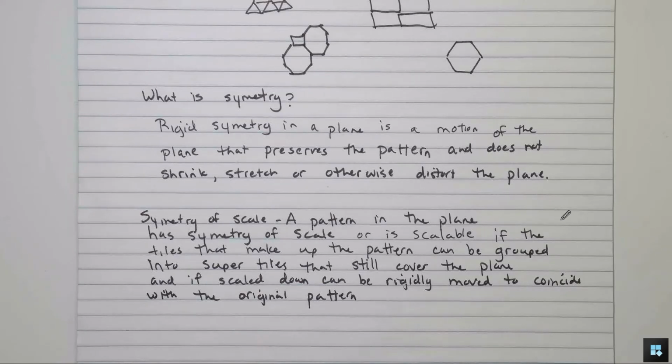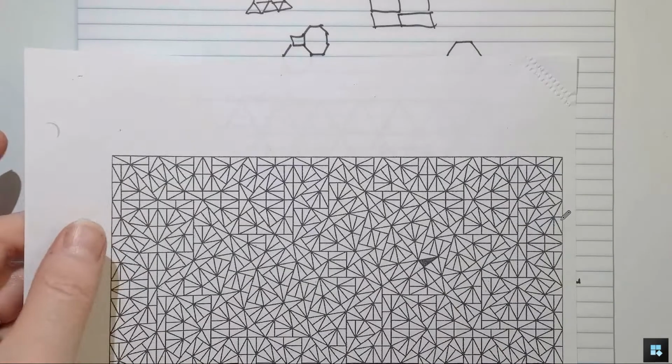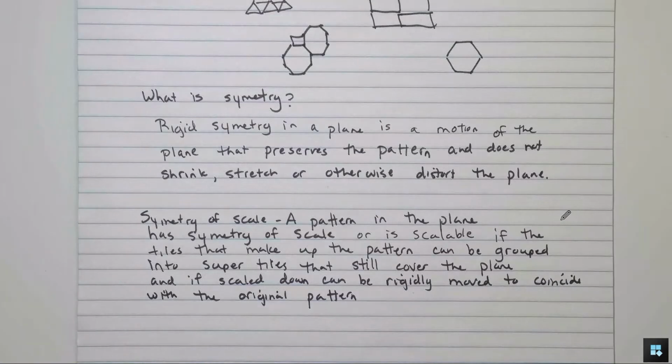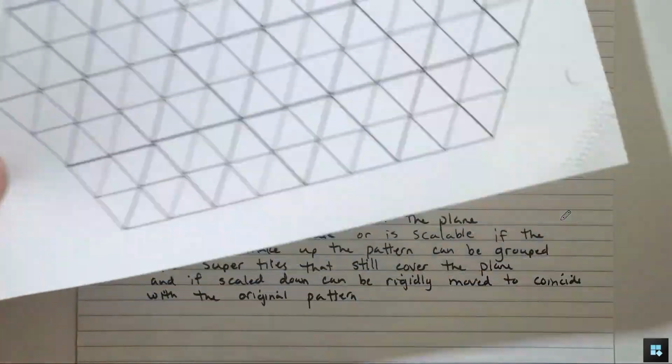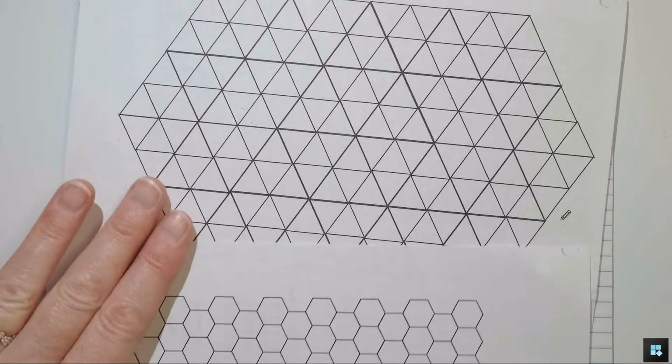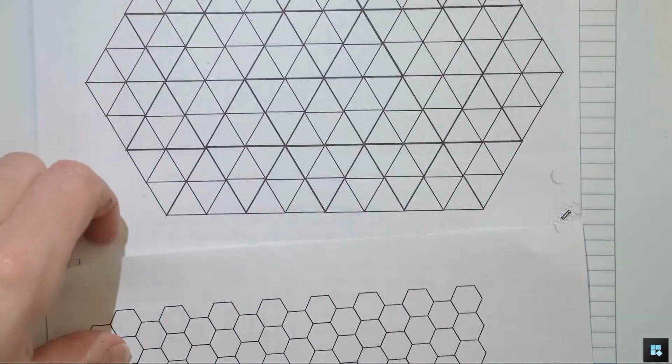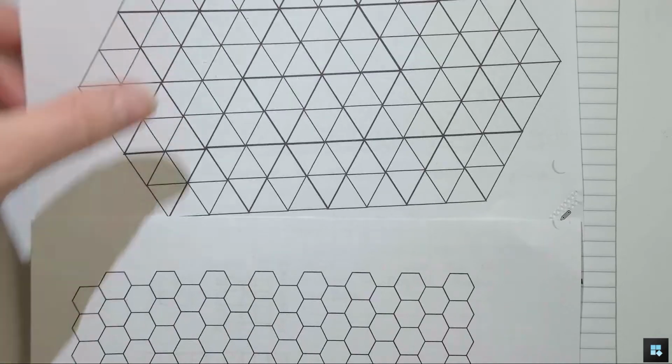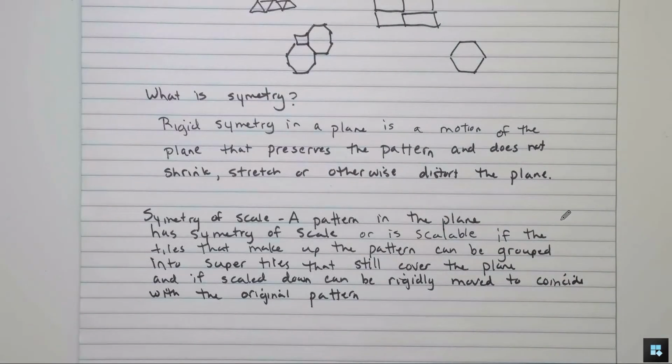So on your other 2 handouts, you have 3 more, but we're going to hold off on that one. That one's crazy, right? But on these other 2 patterns, this one and this one, can you look and see if they have symmetry of scale? Sorry, I covered up your writing. Is anybody still writing that now? So look to see if the triangles and hexagons have symmetry of scale.